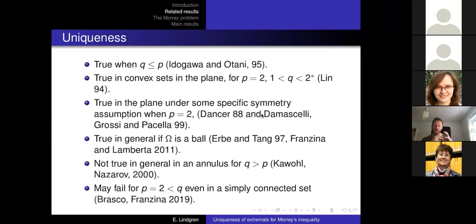So if you have just an annulus, and I think when the quotient of the radii is very small, then you no longer have uniqueness for this problem. And there's also a quite recent nice counterexample in even a simply connected set by Lorenzo Brasco and Giovanni Franzina from 2019, in an overview of similar problems.